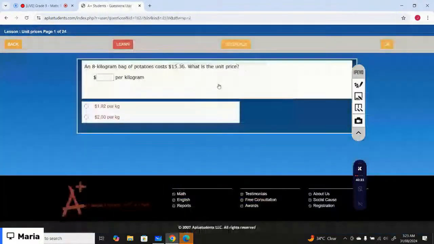An 8 kilogram bag of potatoes costs 15.36. What is the unit price? So, which is the correct option?